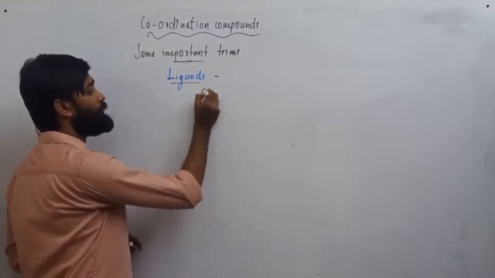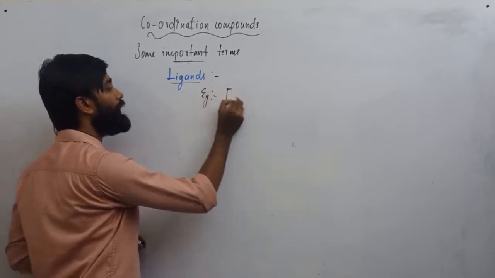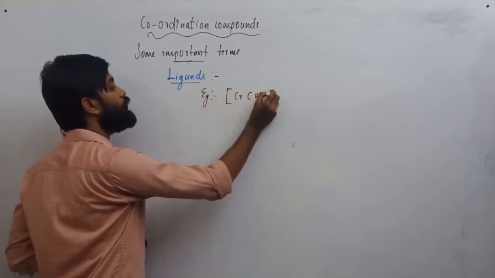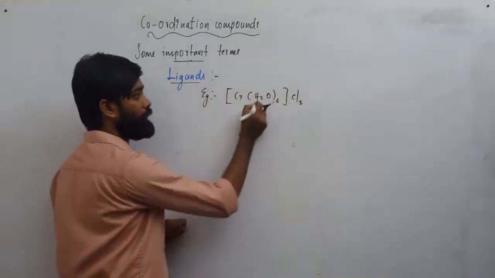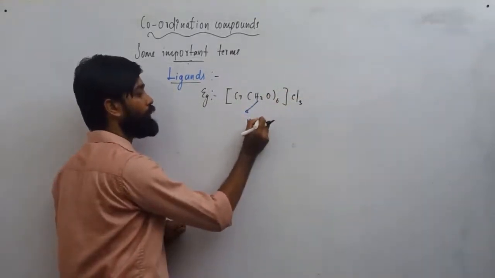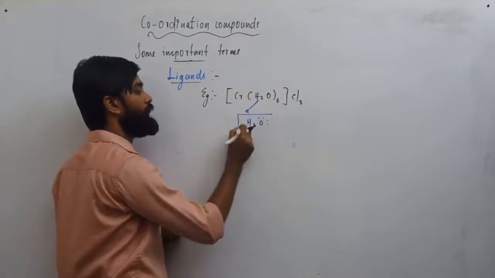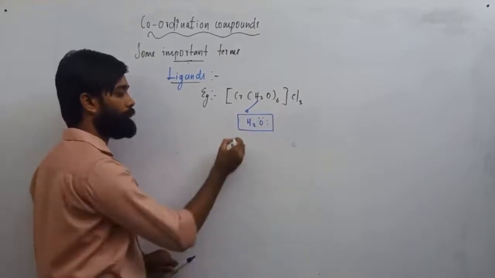For example, if I have a coordination compound [Cr(H2O)6]Cl3, the ligand is water. Water is a neutral molecule, right? So this is a neutral molecule ligand.